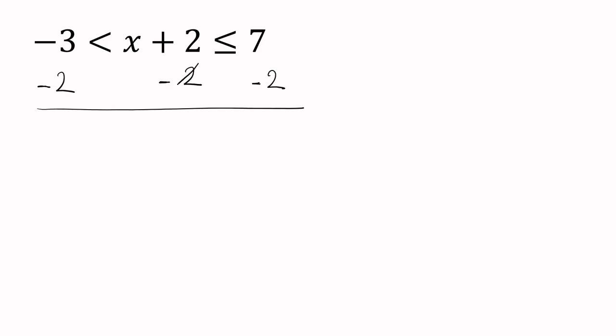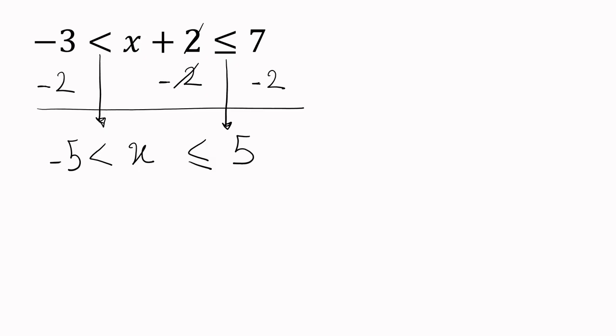If I do that, these two are going to cancel each other out. I'm going to bring this down. If I add -3 and -2, I'm going to have -5. And x here, because these two are going to cancel each other out. If I bring this down, I'm going to have 7 -2 would be 5.